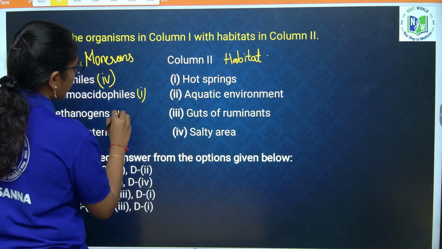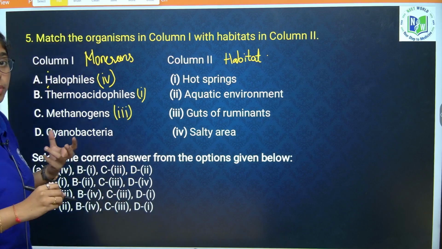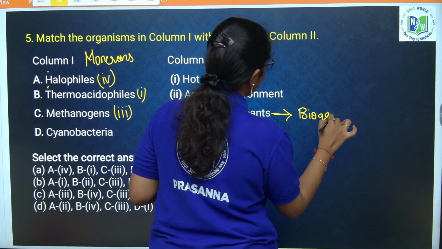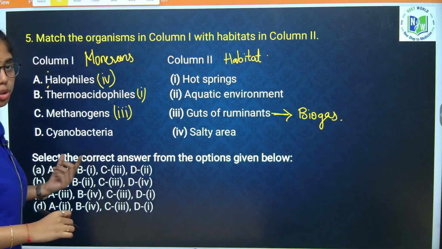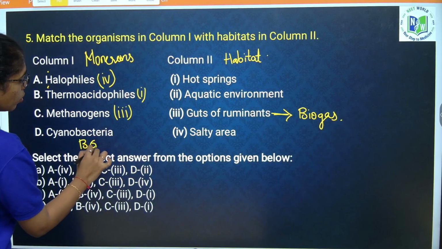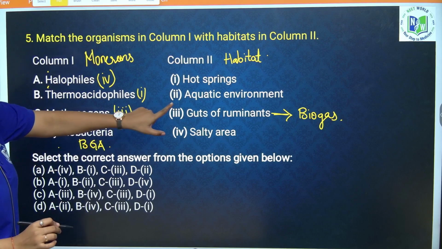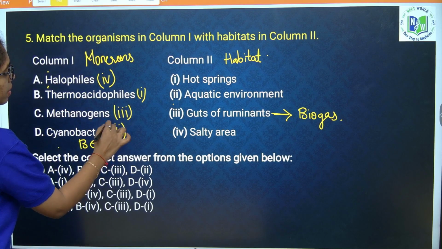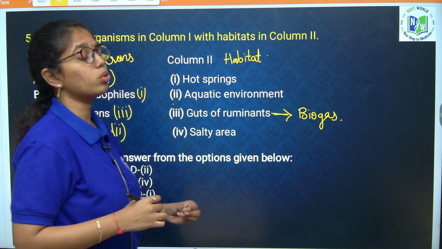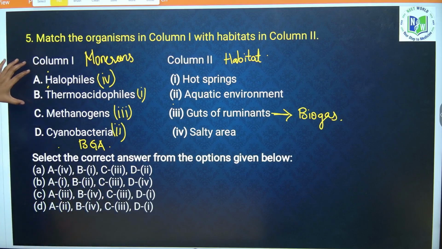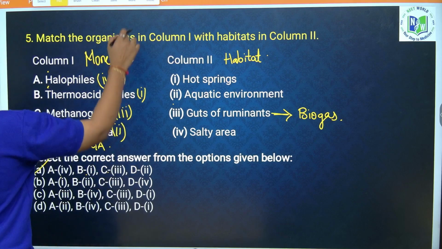Methanogens live in the gut of ruminants and are responsible for the release of biogas. And cyanobacteria, which are eubacteria, also called blue-green algae, are prokaryotic cells living in aquatic environments. Some examples include Nostoc, Oscillatoria, Anabaena. Clear? So, our option will be A4, B1, C3 and D2. A is the correct answer.